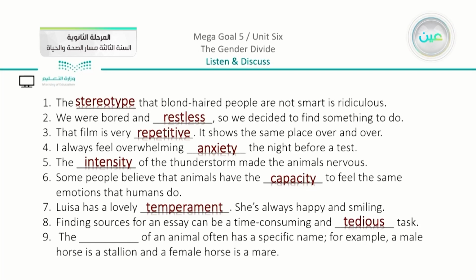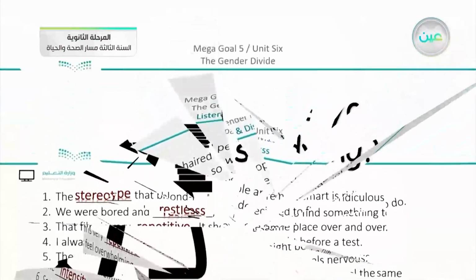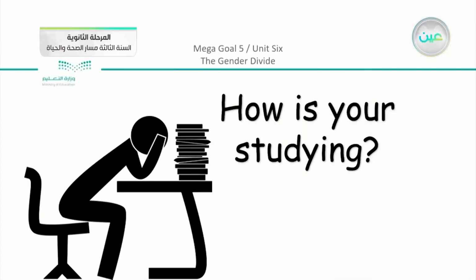The blank of an animal often has a specific name. For example, a male horse is a stallion and a female horse is a mare. So here we can say the gender of the animal. So you know now that even the word gender can be used for human beings or we can also use it for animals. Now this was the vocabulary part.